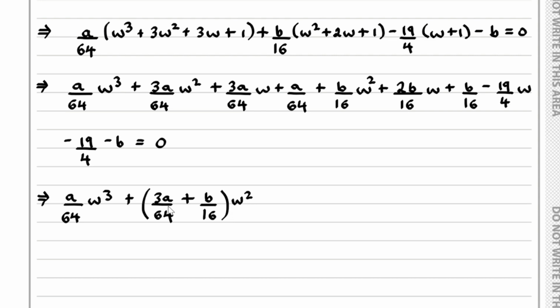In terms of the W's, we have 3A over 64, and then we have 2B over 16, and then we have minus 19 over 4.